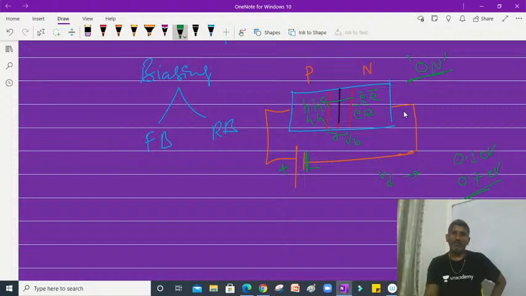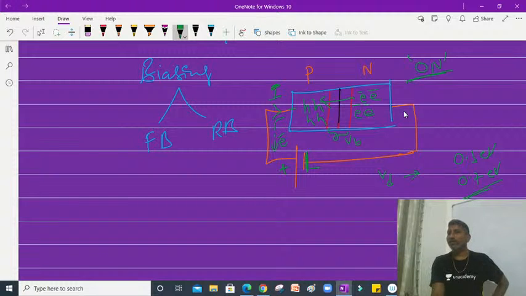So now what happens after that? Electrons are reaching this P region and also travel along the wire. The current direction will be opposite to the direction of electrons. If electrons move in this direction, the current direction will be opposite to the electrons, like this.